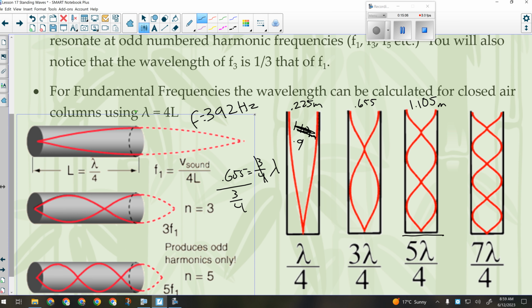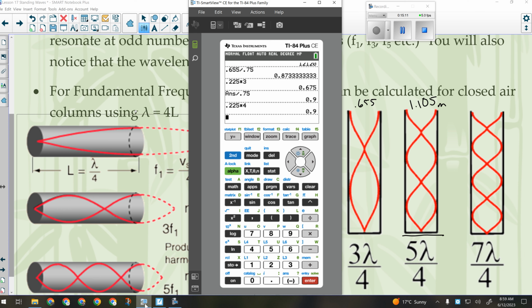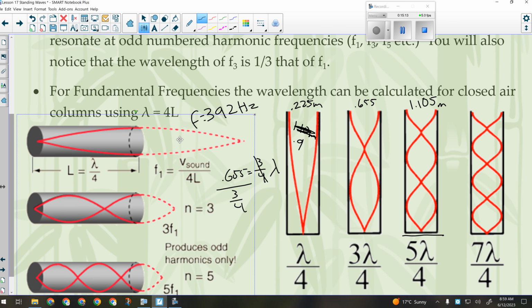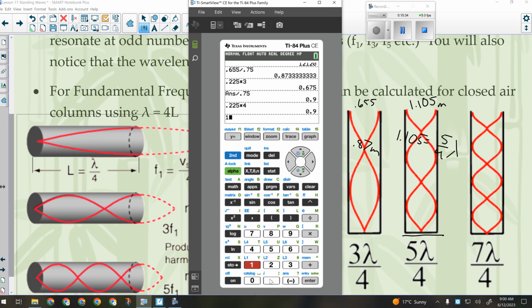0.225 times 4. 0.9. Oh, these are working better. Okay, so, sorry, 0.9. They're going to be good. Okay, 0.655 divided by 3/4, we got that to be 0.87, which is nice and close. And if I do the 1.105, if I say that 1.105 equals 5/4 of a wavelength, so if I divide that by 5/4, which is 1.25, I should get around that same number. .884.